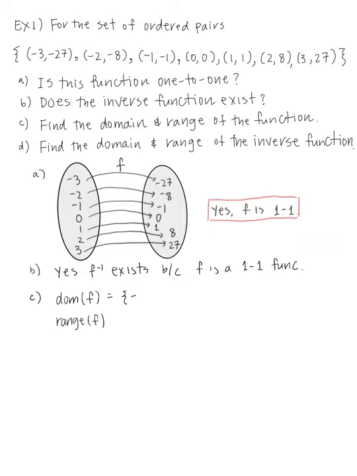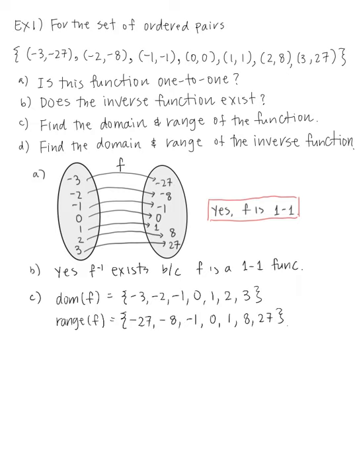So you're going to have -3, -2, -1, 0, 1, 2, and 3. All right, now what about the range? Okay, so the range is going to be -27, -8, -1, 0, 1, 8, and then 27. So I hope this part was okay.